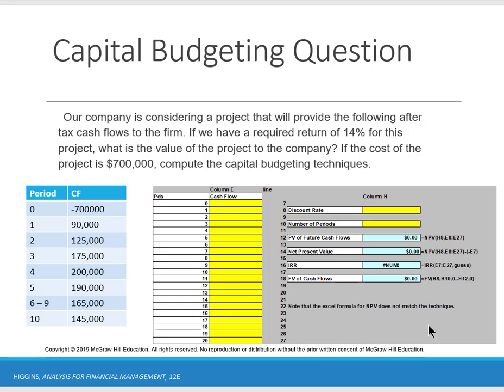And another thing that we can get from this is we can actually ask questions about reinvesting our money. We're going to invest money today, and that's going to bring us money in the future. What are we going to do with this money that we get in the future? If we can reinvest it, how will that grow throughout the project?